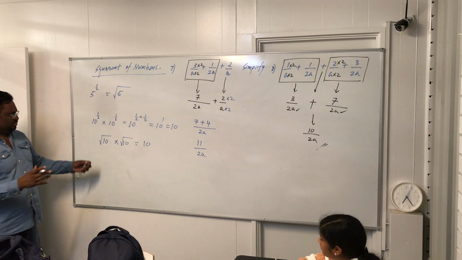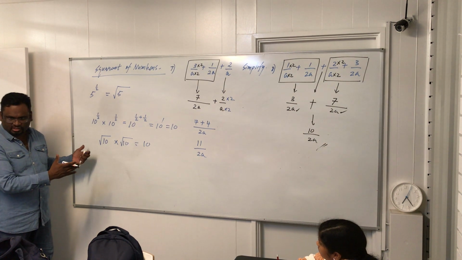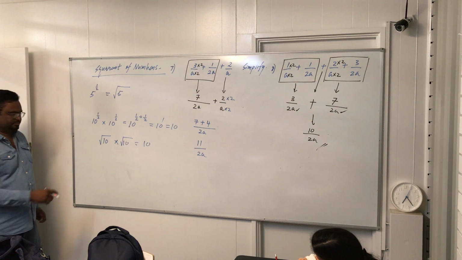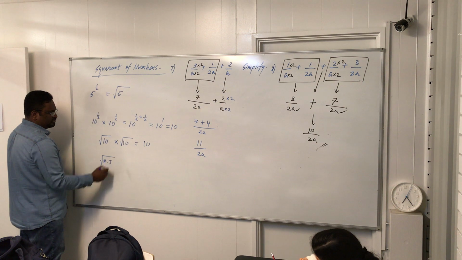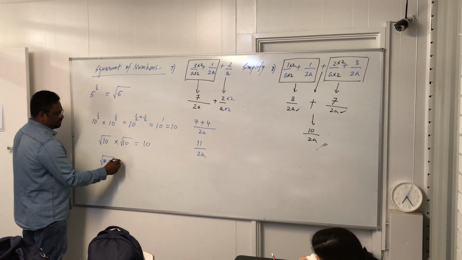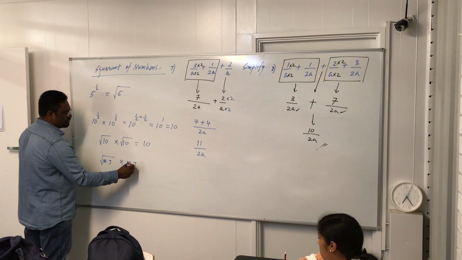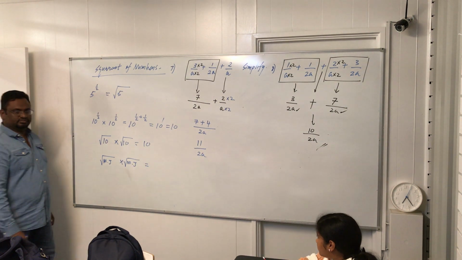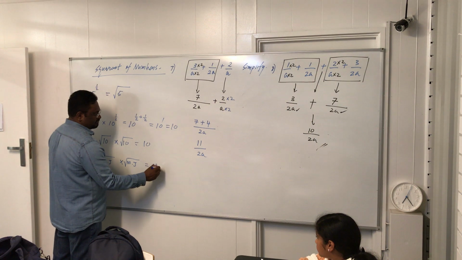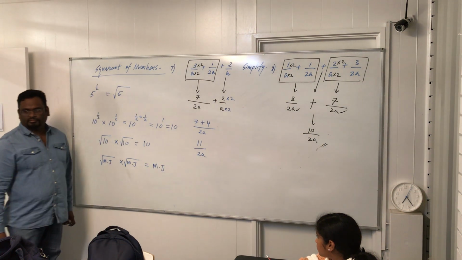Now I'm going to take that as a structure and modify it in this way. Look at this board: the square root of MJ times the square root of MJ. What would be the answer, guys? MJ. MJ is my favorite. Michael Jackson.